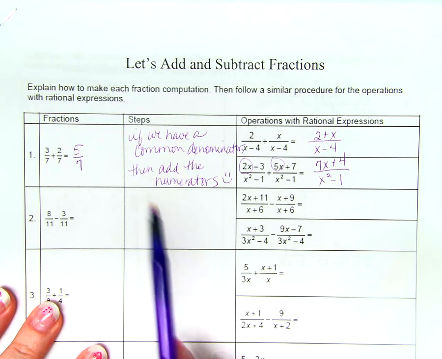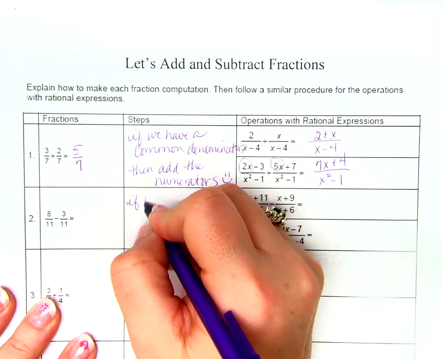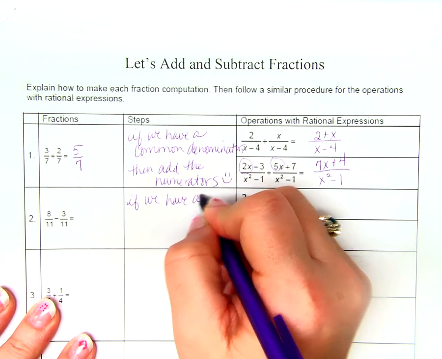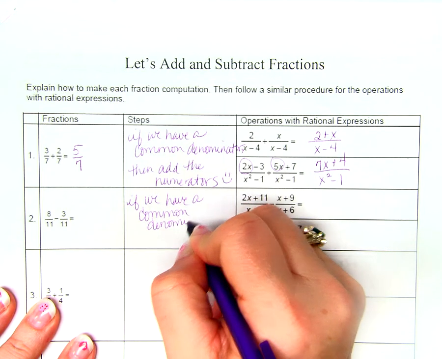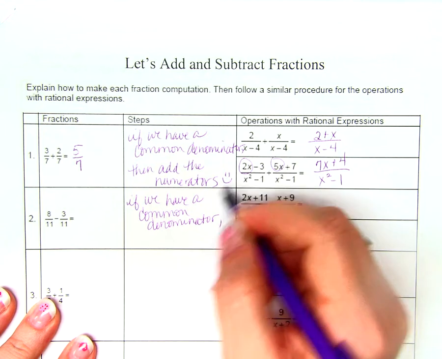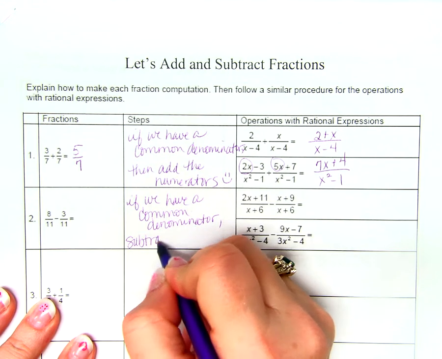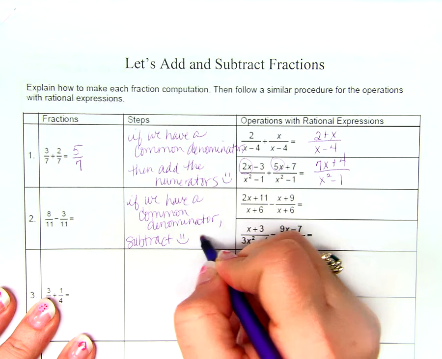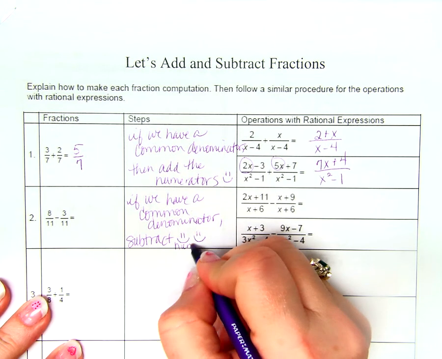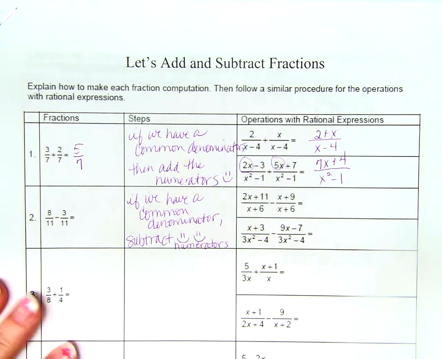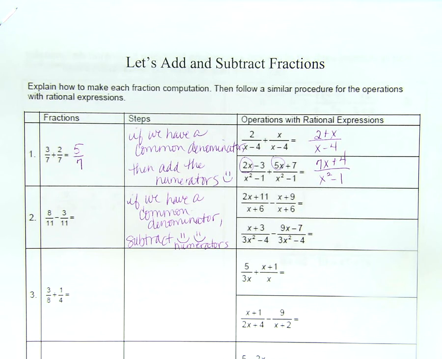And so my steps should say, if we have a common denominator, subtract. Oh, subtract the numerators, right? Yeah, that one's deserving of 2 smiley faces. Maybe not, but we're going to pretend like it does, okay?